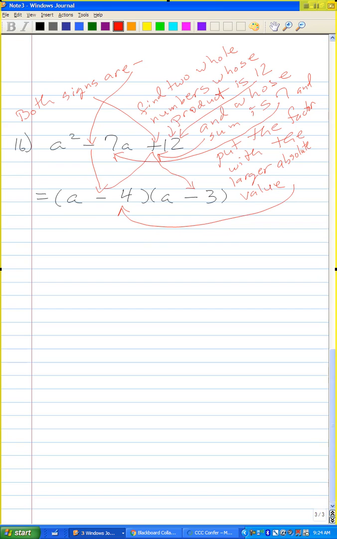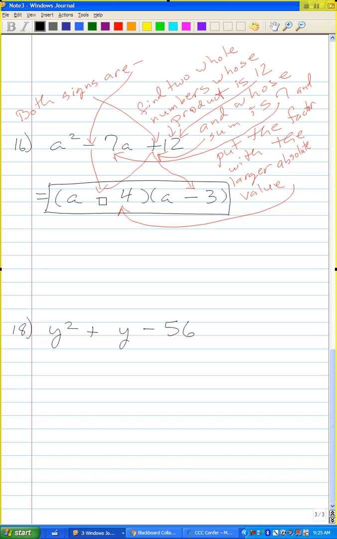Okay. Let me do problem number 18. Y squared plus y minus 56. Okay, so actually let me review what I just did above. I have a squared, so I'll put a's here.